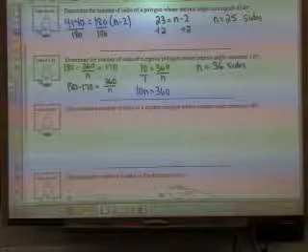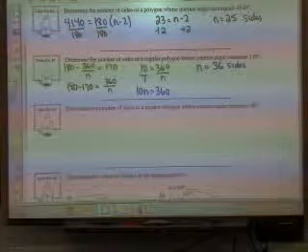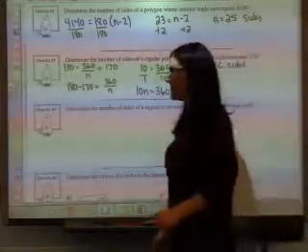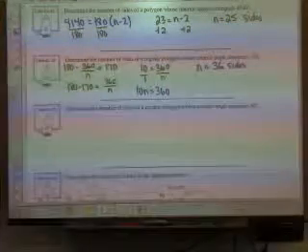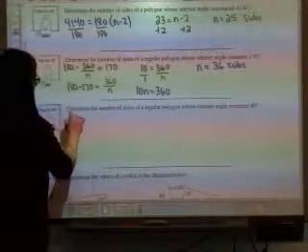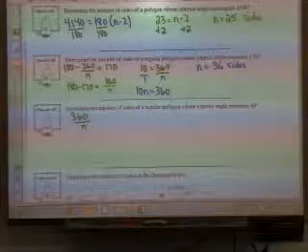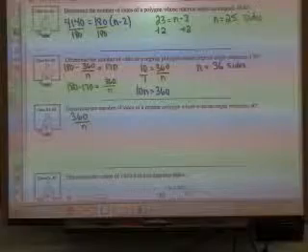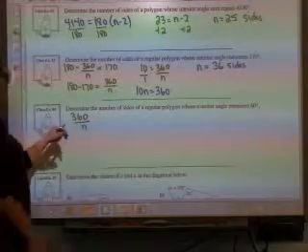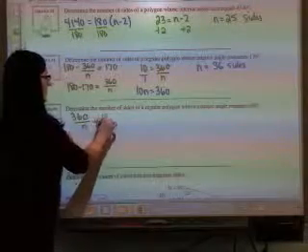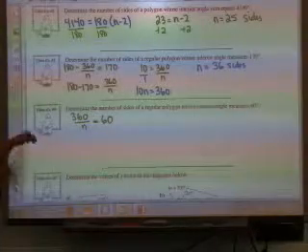Example 4 says determine the number of sides of a regular polygon whose exterior angle measures 60 degrees. So that formula was 360 divided by n, and that was also on the previous page. So 360 divided by n this time equals 60.